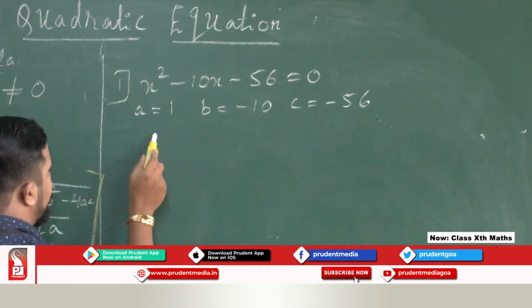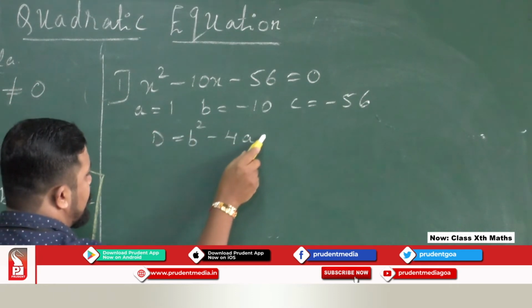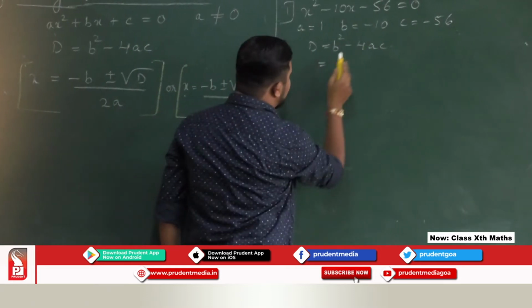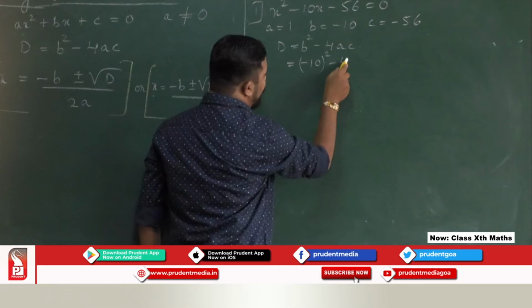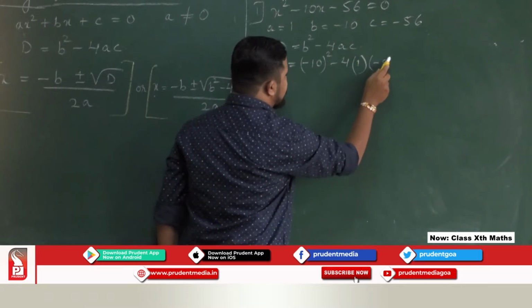D is equal to b square minus 4ac. Now what is my b? b is negative 10, minus 4, a is 1, c is negative 56.